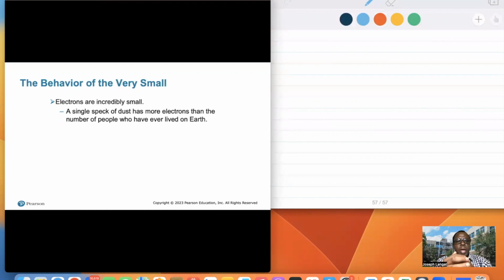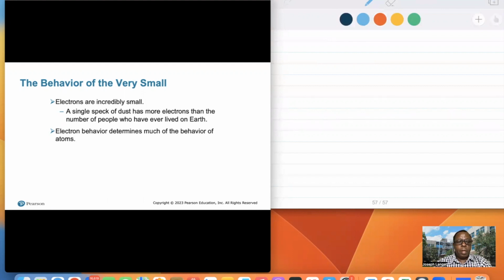So let's look at the electron. When we talk about the behavior of the very small, the smallest you can think of, this is the electron. A speck of dust has more electrons than the number of people who have ever lived on Earth. Just imagine the size of an electron, it is so small.